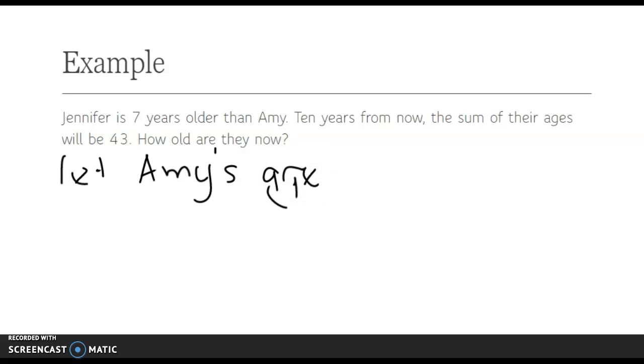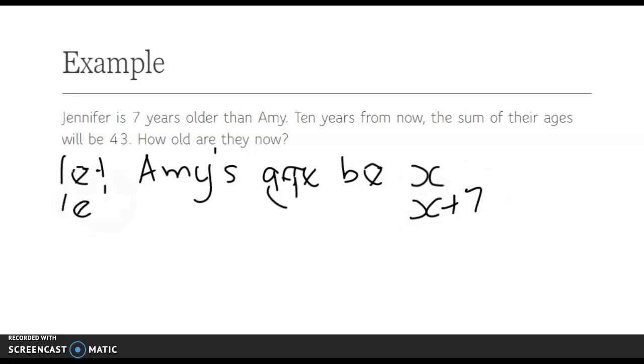Let's let Amy's age be, why not have X again? That means that Jennifer's age originally would be X plus 7.